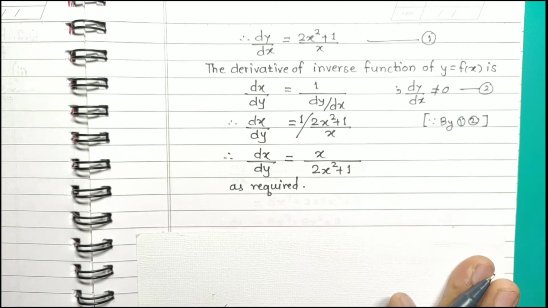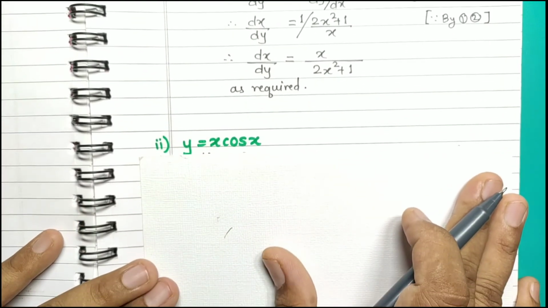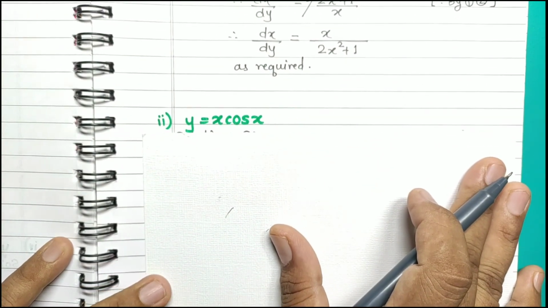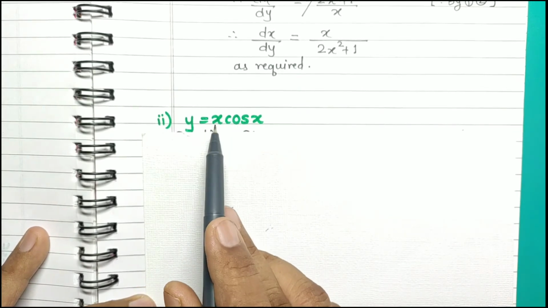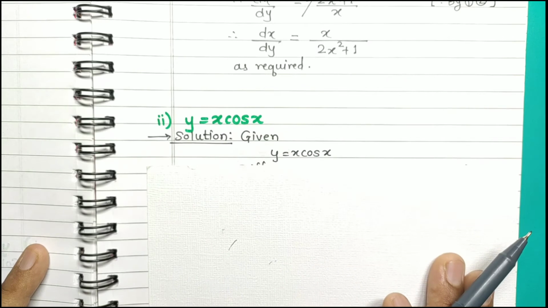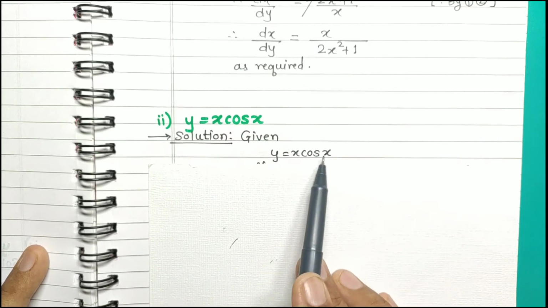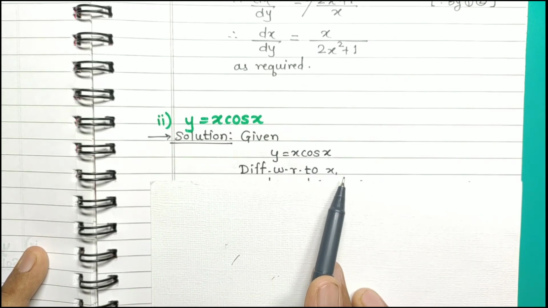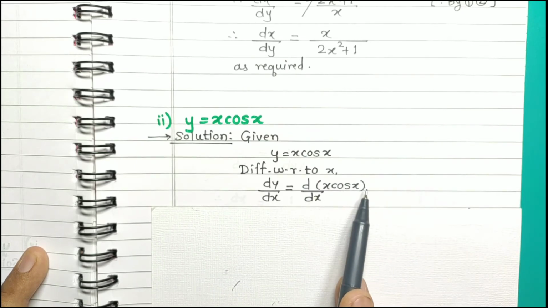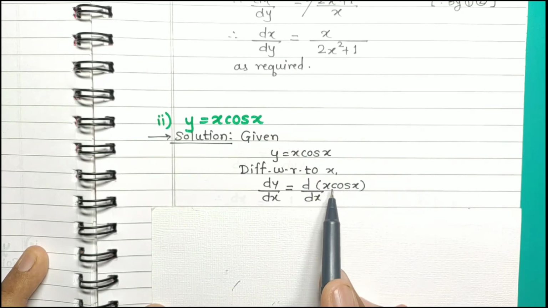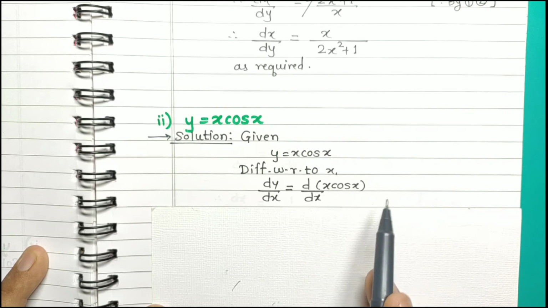Then the next example is y is equal to x into cos x. Here again you first find the derivative of y directly. So write down the given function y is equal to x into cos x, differentiating with respect to x. We have dy by dx is equal to the derivative of x into cos x. For the derivative of this product, use the product rule.